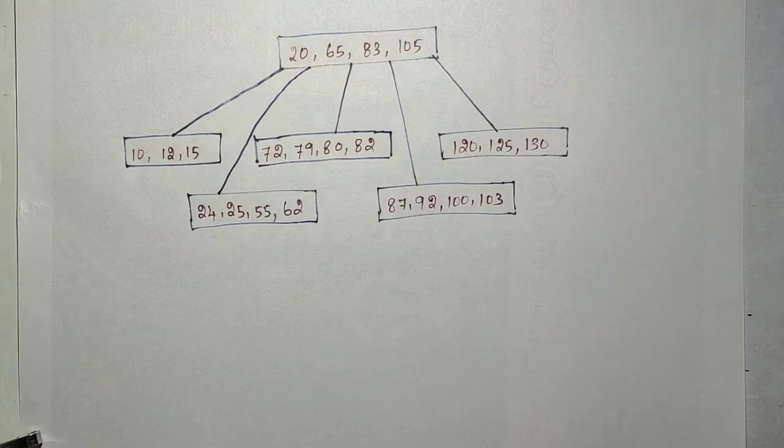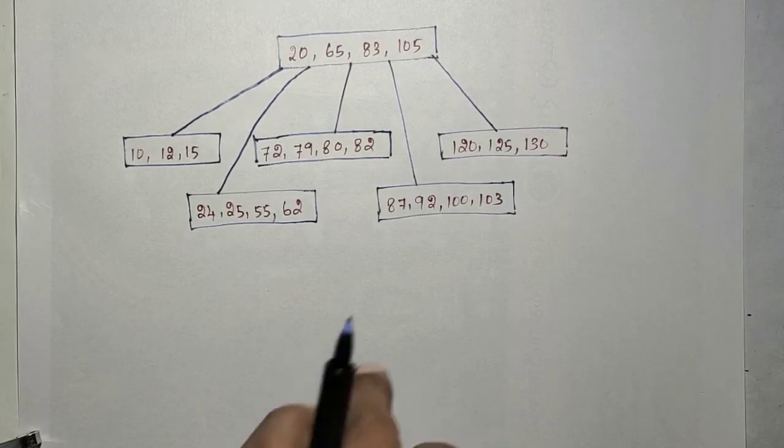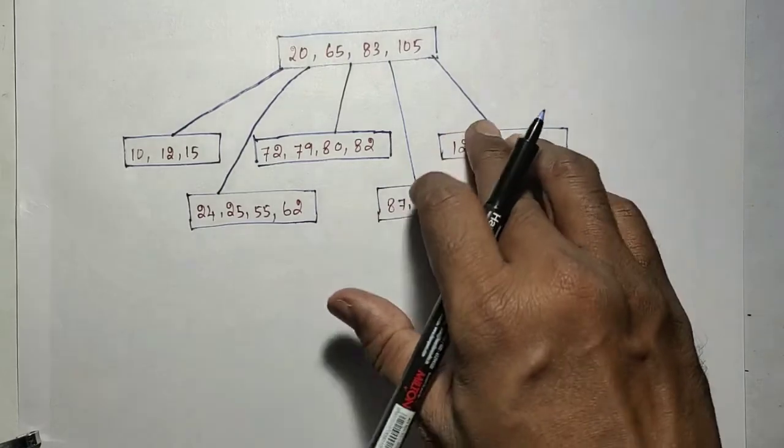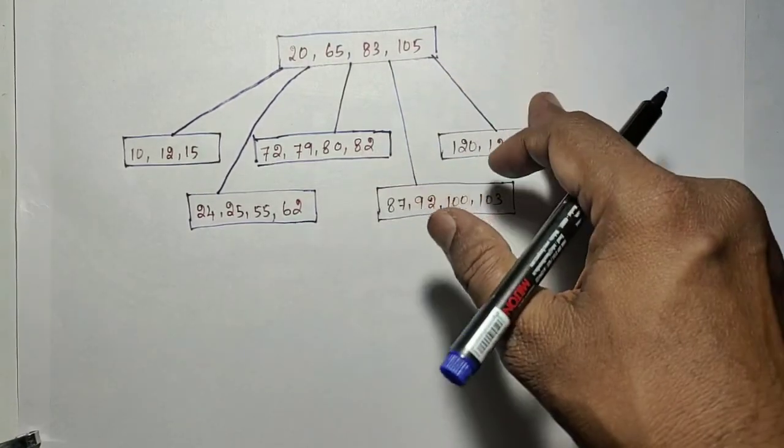If it is having more than the minimum number of elements, fine. If it is having less than the minimum number of elements after deleting it, it goes underflow. There are 3 cases.